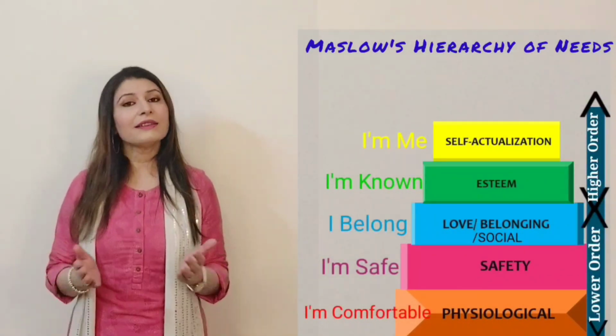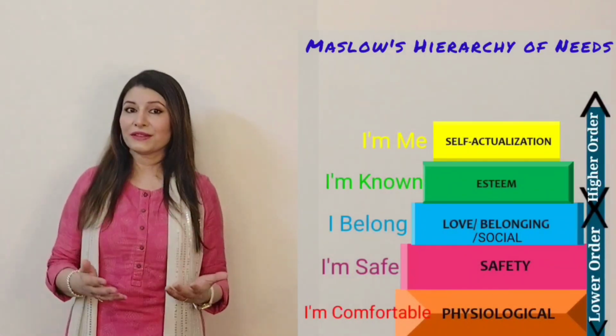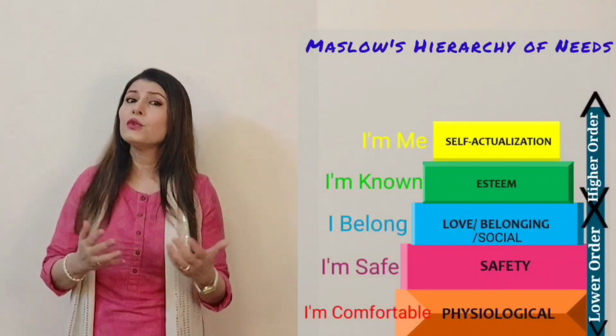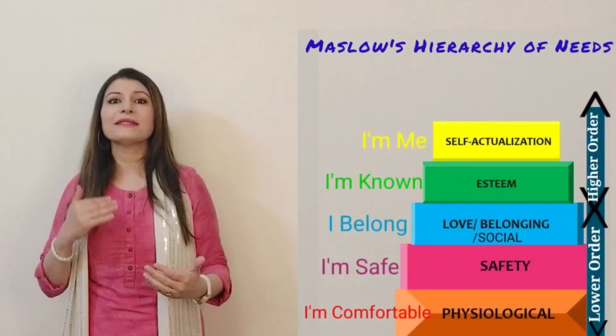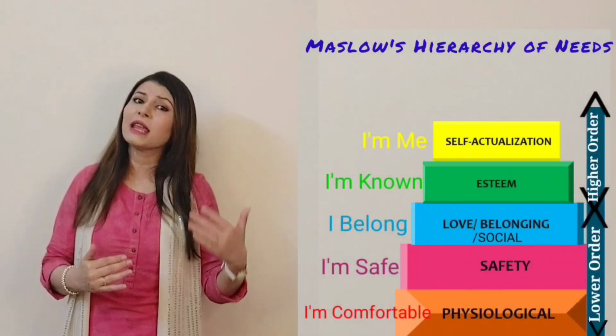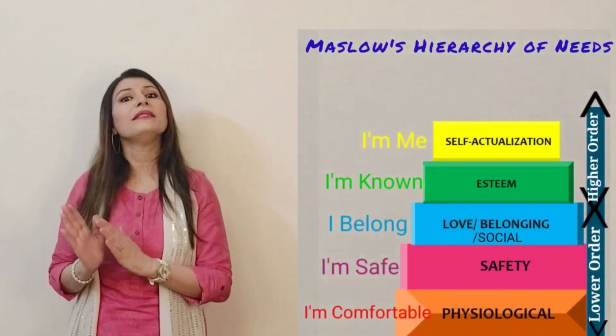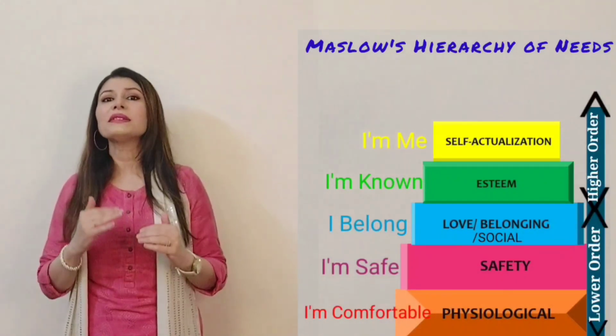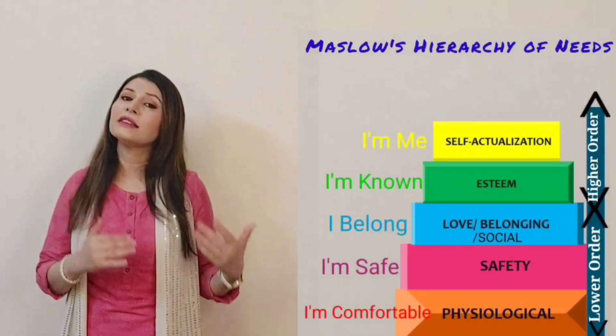Through this hierarchical structure of needs, Maslow emphasized that as a person grows and develops as a human being, they progress by satisfying these needs in the same order as provided in this structure. At any stage of life, an individual satisfies their needs in this order.